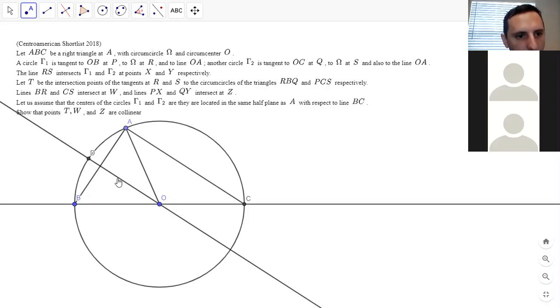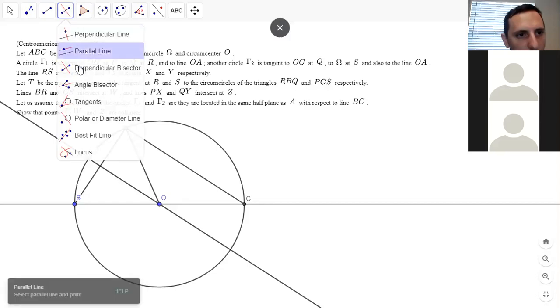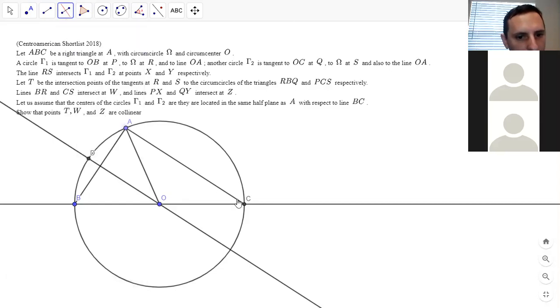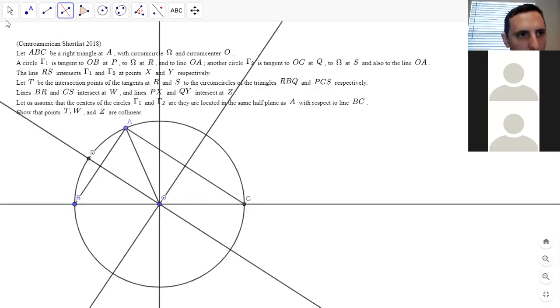Okay, so after that, you draw the midpoint of arc BC. Let's call it E, the below one. So DE cuts BO at a point.